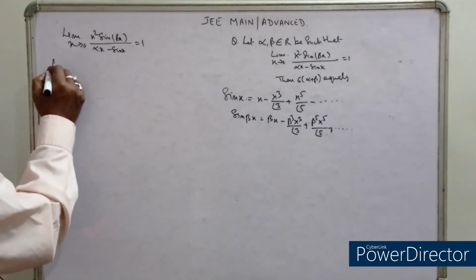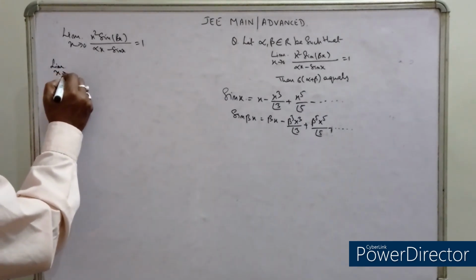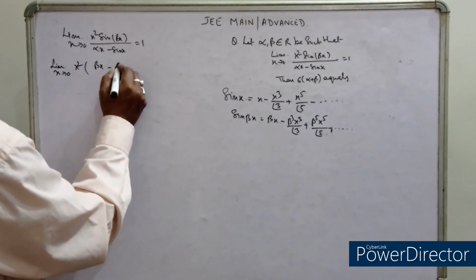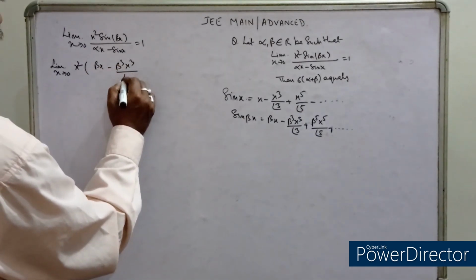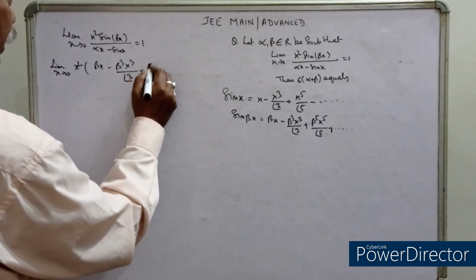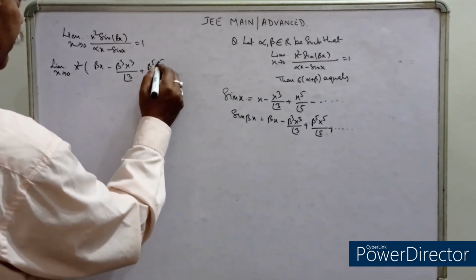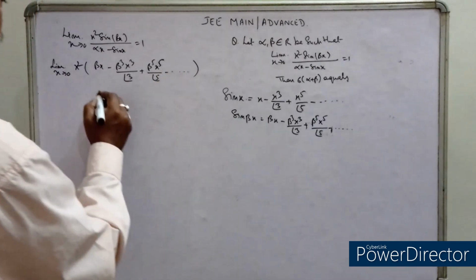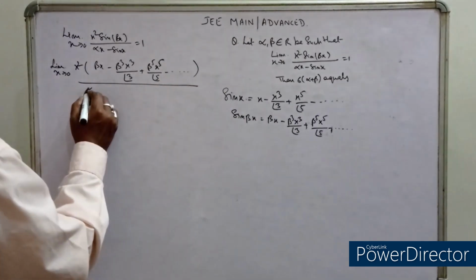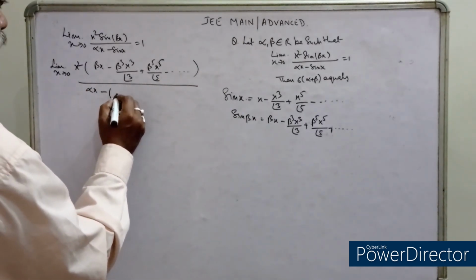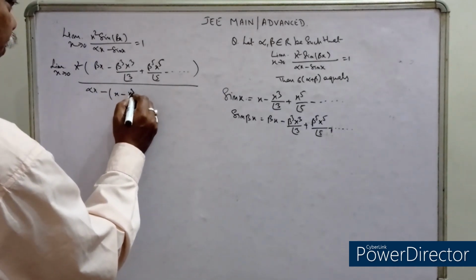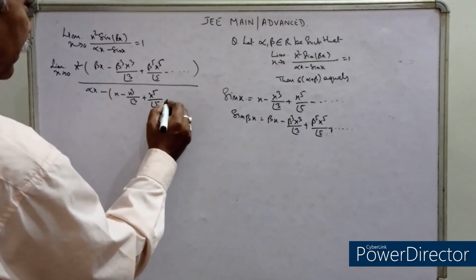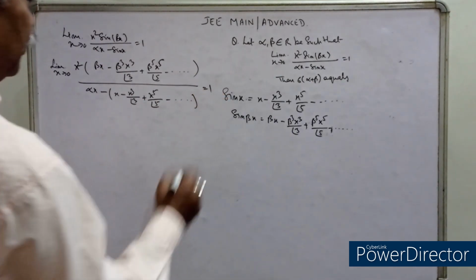So here limit x tends to 0, x square, this is beta x minus beta cube x cube by 3 factorial plus beta 5 x 5 by 5 factorial minus dot dot dot, and then here this is alpha x minus, x minus x cube by 3 factorial plus x to the power of 5 by 5 factorial minus dot dot dot, and this is equal to 1.